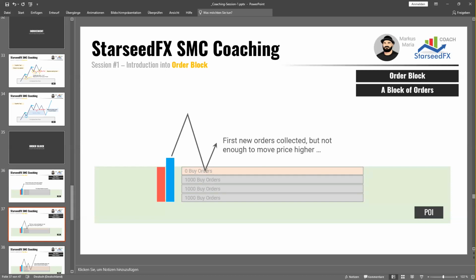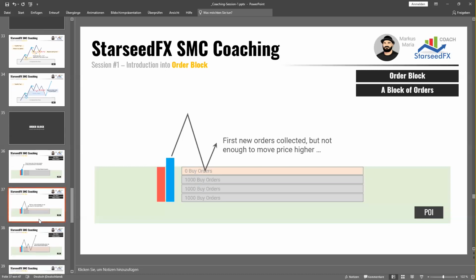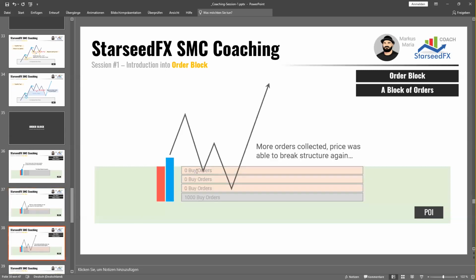And these orders have been enough to move price away, let's say higher in this case. But it was not enough to break this high. So it had to come back because the orders waiting here were stronger and move the price lower and deeper into the order block. So it collected several new orders until the price was again strong enough to break this high and this high.